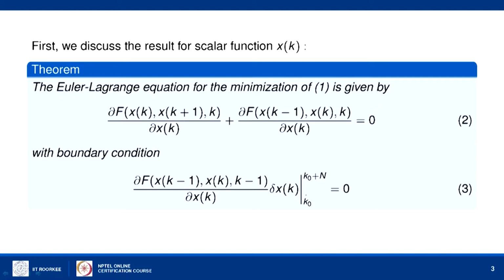In case these are variables, the initial position x of k0 and final position x of k0 plus n, then the variation will be arbitrary. In that case, we will get a boundary condition given by this del F by del x at these two points should be equal to 0. So, that we will see during the example.